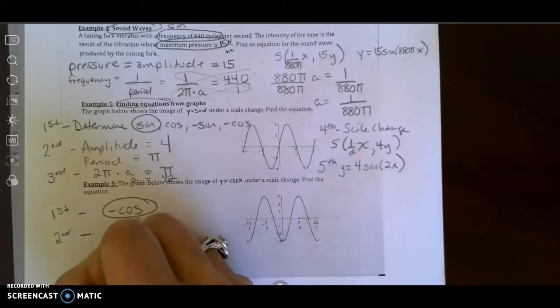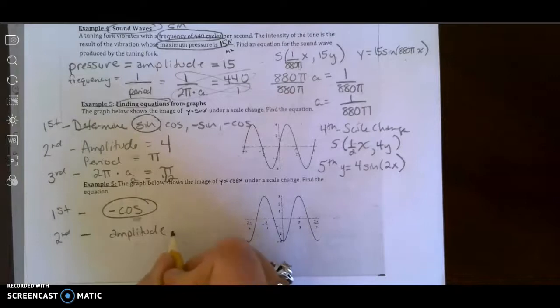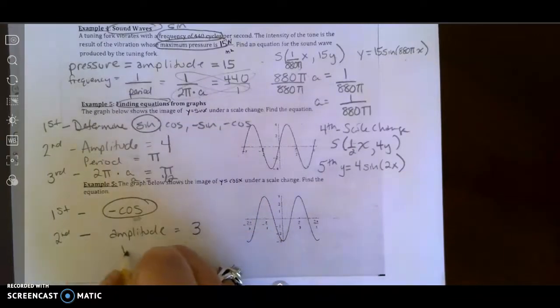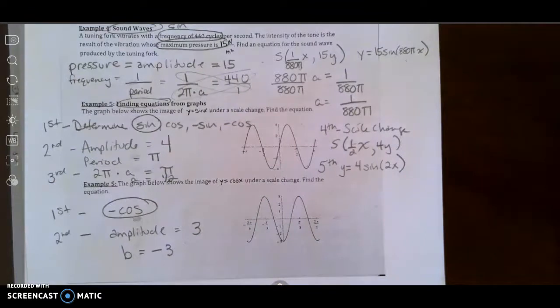Now, so that I don't forget that it's a negative cosine, my amplitude is going to be 3. That makes my B value negative 3. B is what is on the scale change for the y. Because the amplitude is 3, my B value is negative 3 because this is negative cosine.